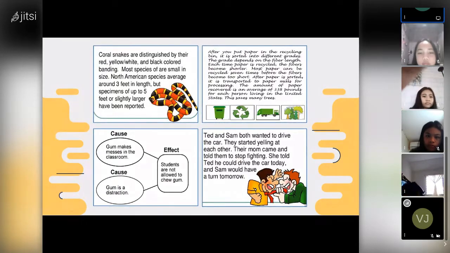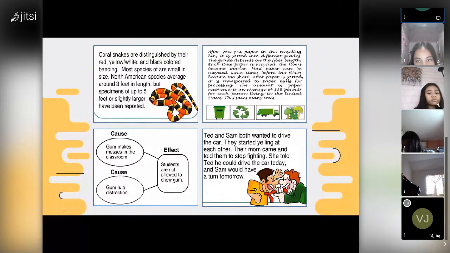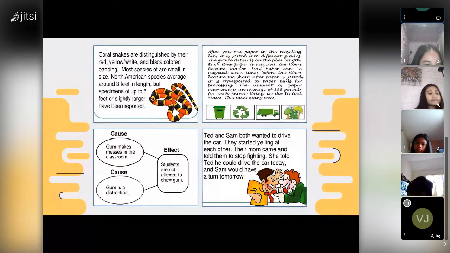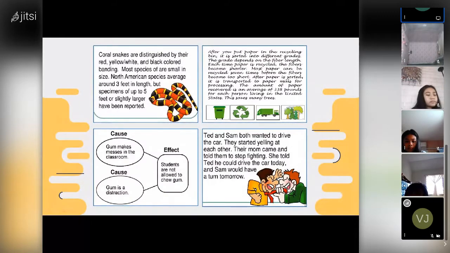In picture one, the topic they're talking about is coral snakes, and then they're talking about the land in different countries, and then larger coral snakes reported in other places. Yeah, that's all of it. Okay, thank you, Yuan.